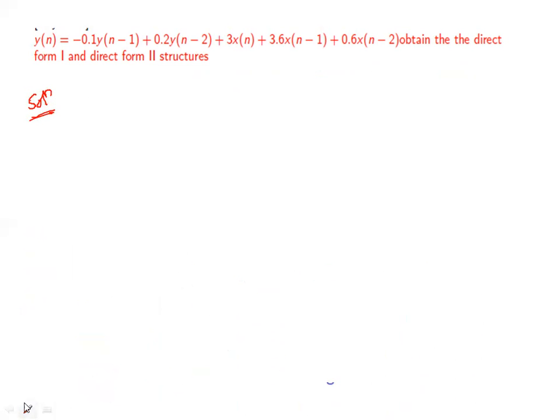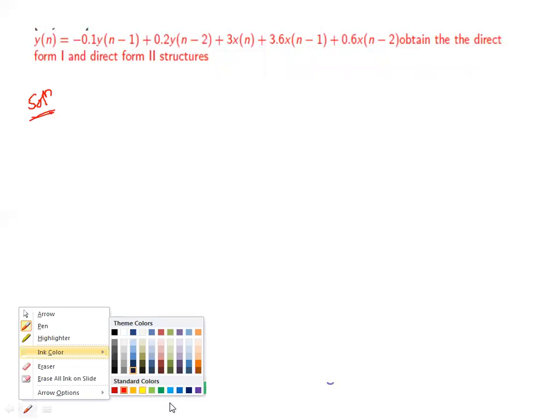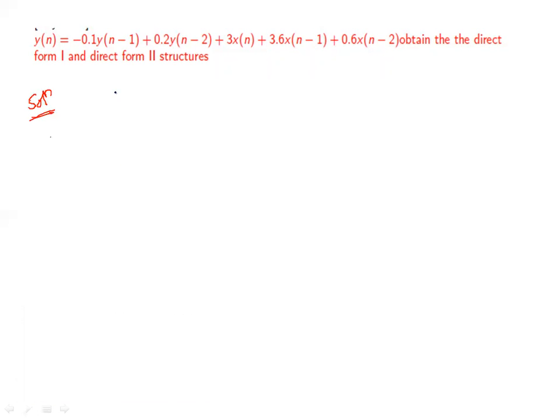This equation we are writing as y of n is equal to, as already given, minus 0.1 y of n minus 1 plus 0.2 y of n minus 2 plus 3x of n plus 3.6 x of n minus 1.